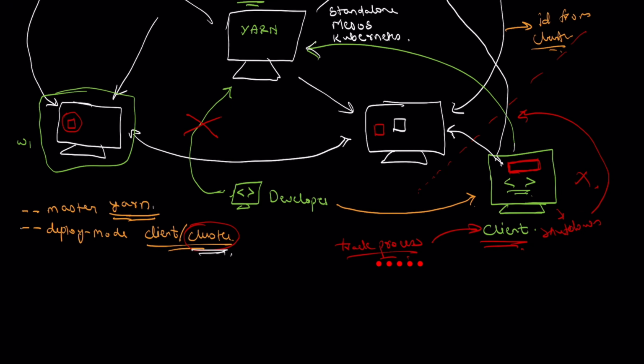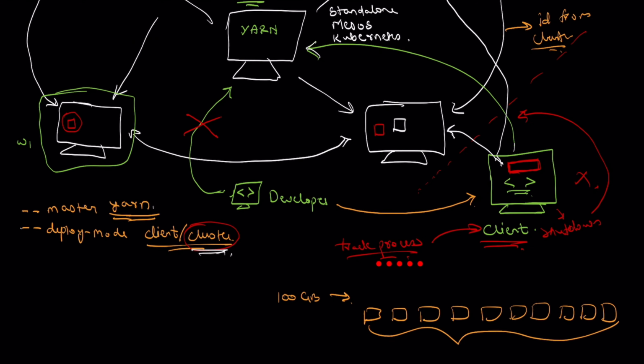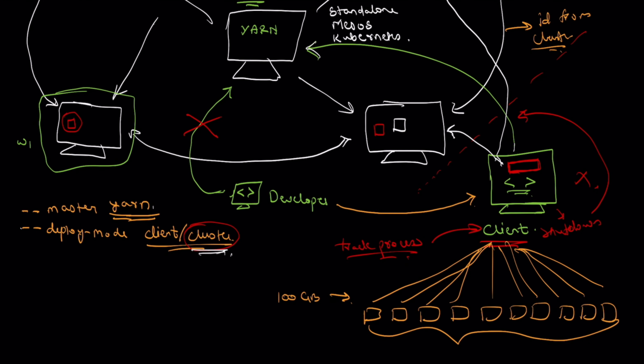Let me explain. So let's say we have an edge node or client node of 100 GB, and there are 10 developers in the company, and all of the developers are requesting 20 GB of driver from the client node. So there are 10 developers requesting 20 GB of driver, that is equal to 200 GB of driver space.